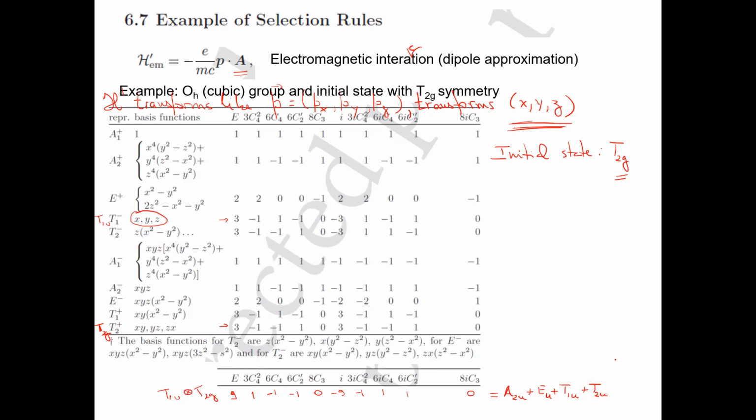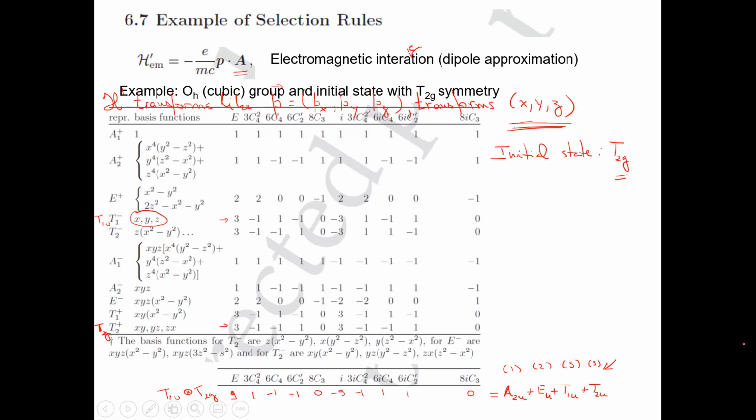Again, you notice all these are odd representations. Why? Because you have the product of an even and an odd representation, and the resulting representation must be a combination of odd representations. Initially I had a nine-dimensional representation, and this is split into a 1D, a 2D, and two 3D representations. So the sum of dimensions here is also 9, which is consistent.